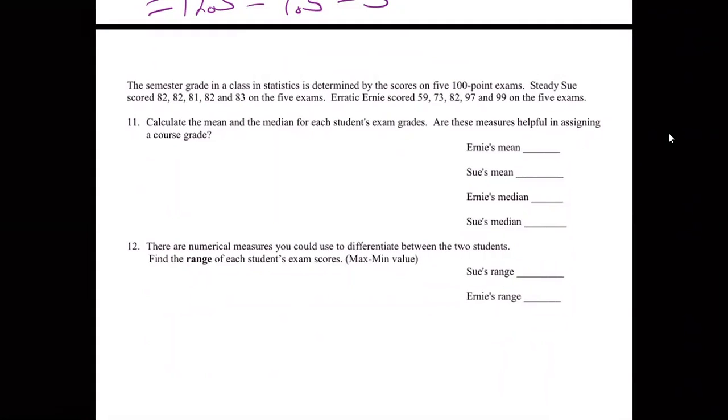So do you guys remember how to calculate a mean? That is my next question. I was really fuzzy about that. Yeah. Great question.